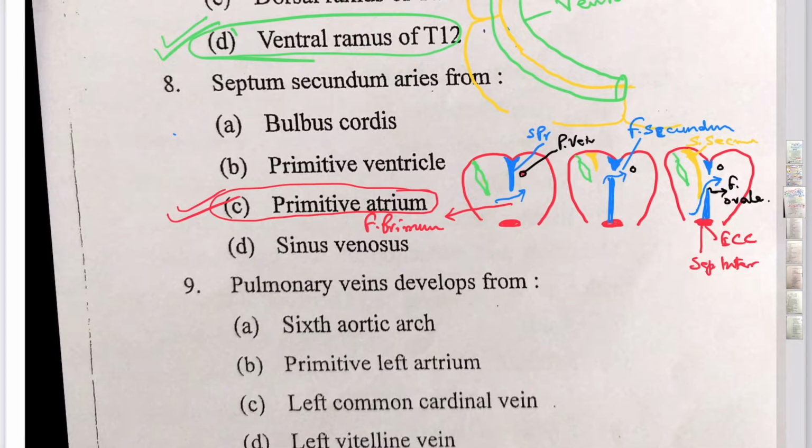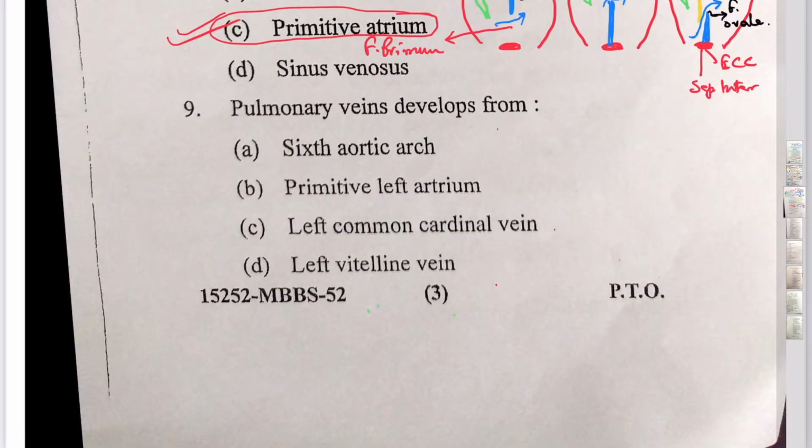Now question number 9. Pulmonary veins develop from: 6th aortic arch, primitive left atrium, left common cardinal vein, left vitelline vein. Like I previously told you, these were the two atrial chambers being formed, and how this inter-atrial wall was being formed, I've already told you.